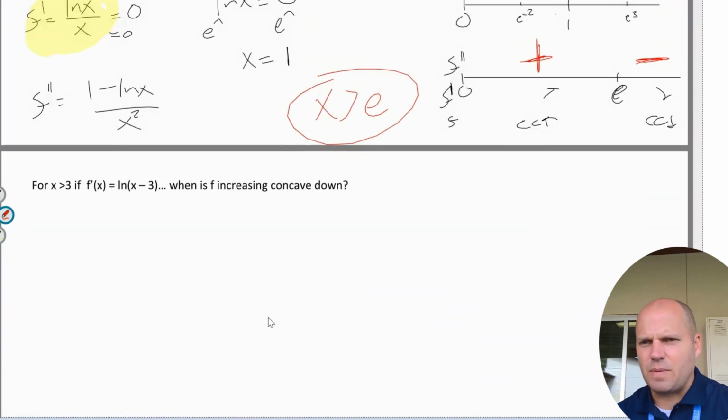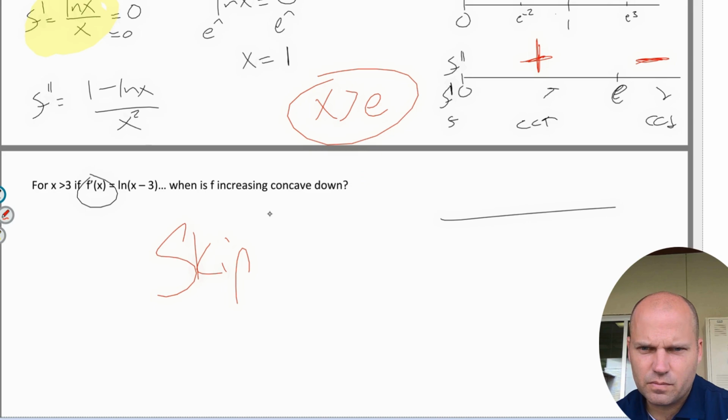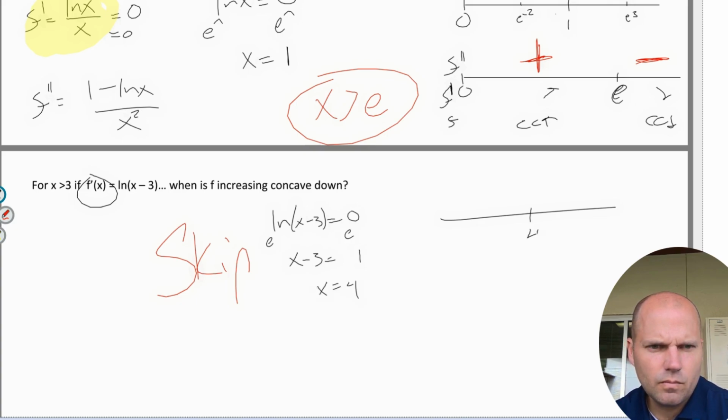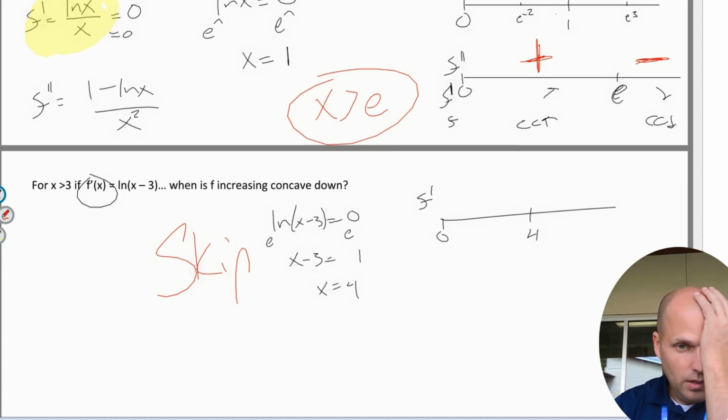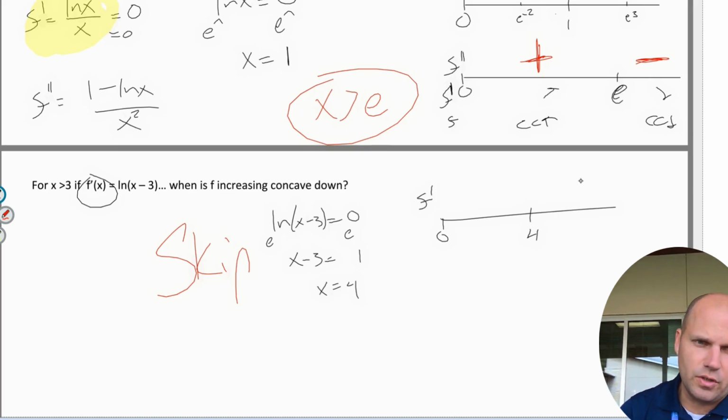All right, just letting you know to skip this one. And if you don't skip it, here's the answer. I'm not going to talk about it. I already gave you f prime. So this equals 0 at 4. If I plug in something large, we'd get positives.